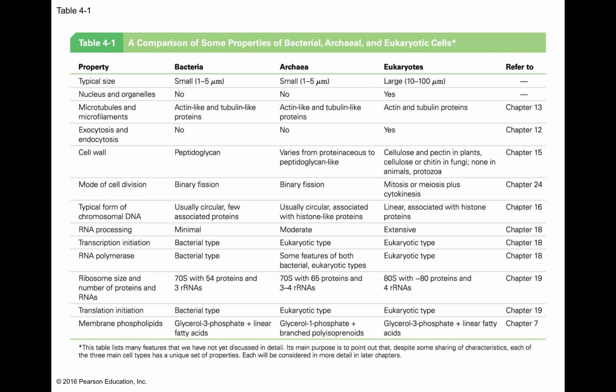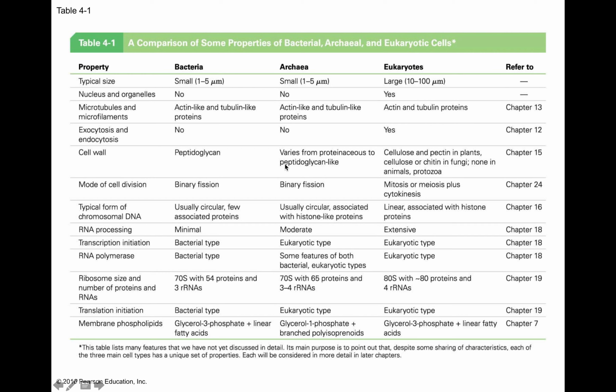Bacteria can have a cell wall. Not all have a cell wall, but can have a cell wall. And for archaeans, the composition of that cell wall is different between archaeans and bacteria.